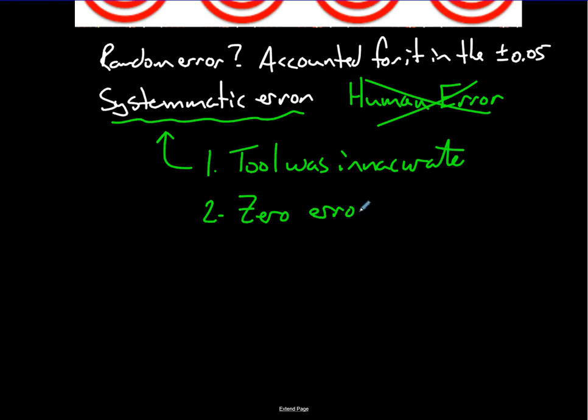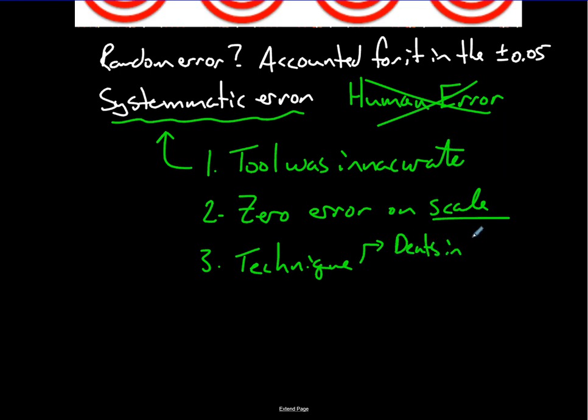There could have been a zero error on the scale. Could have been our technique. Now you might say, but that's just human error. Maybe, but there's a lot more to it than just not knowing how to read a ruler correctly. Like maybe there's some dents in the metal. If that metal were lead in real life, lead's soft. So the lead cubes that we might use could have dents in them or bent over edges or whatever.